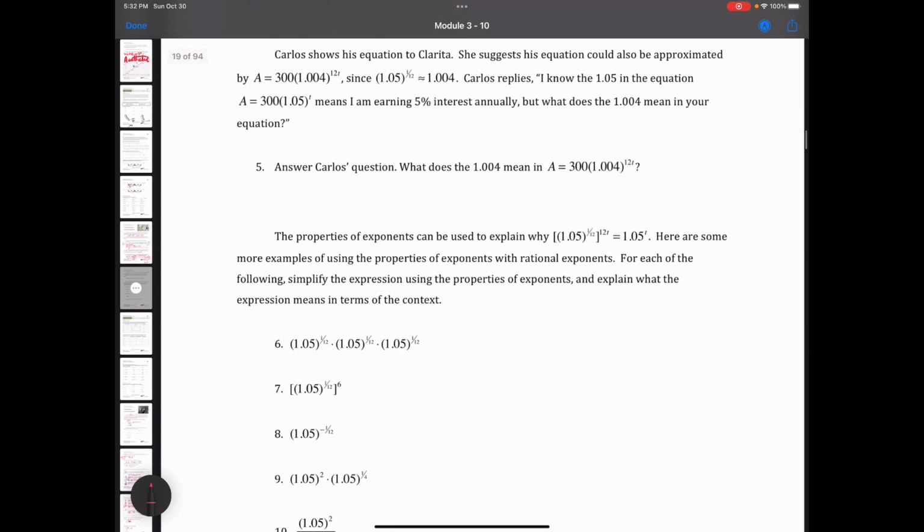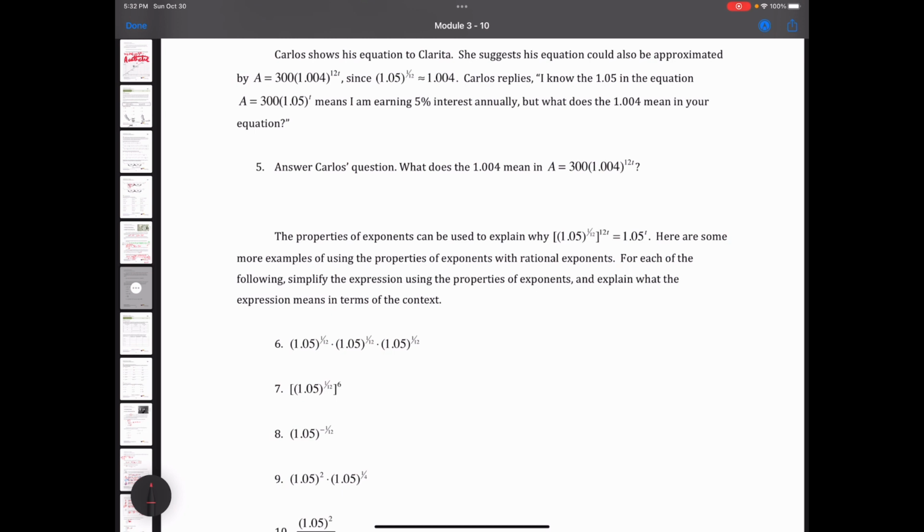Okay. Now Carlos shows his equation to Clarita, and she suggests his equation could also be approximated by A equals 300 times 1.004 to the 12t power, since 1.05 to the 1/12 is approximately 1.004.